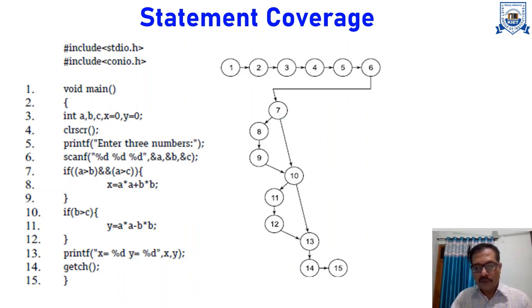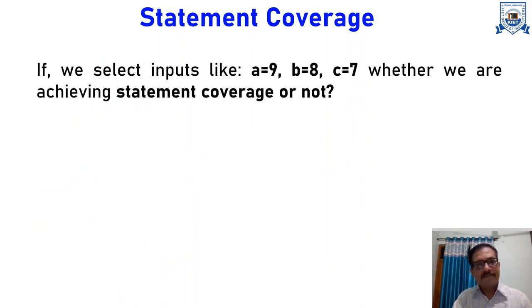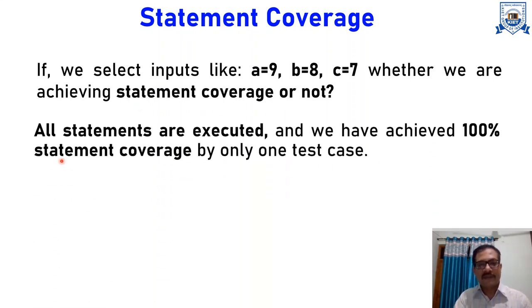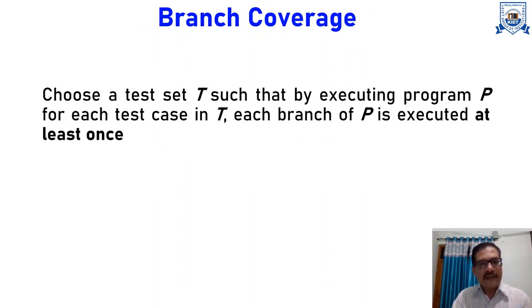Getting? So now we can say, with this input value a equals 9, b equals 8 and c equals 7, we are able to achieve statement coverage with the help of only a single test case, right?